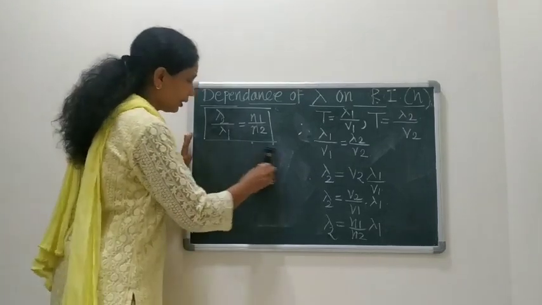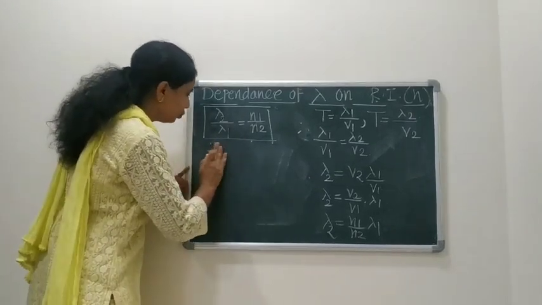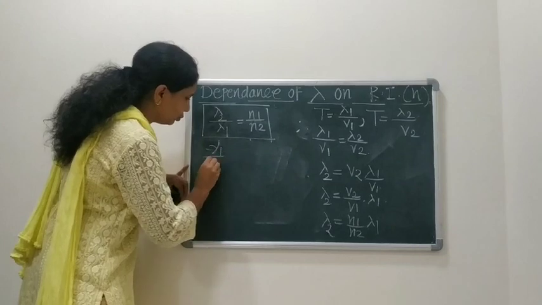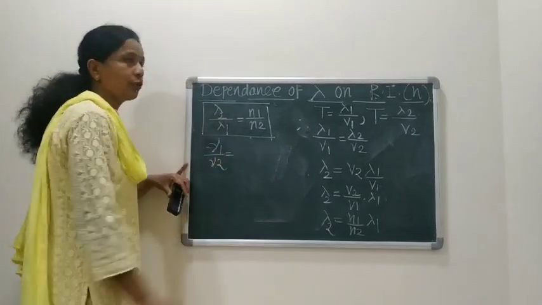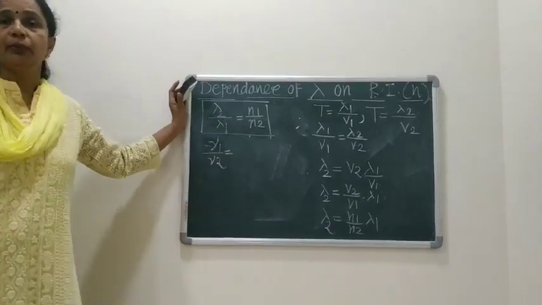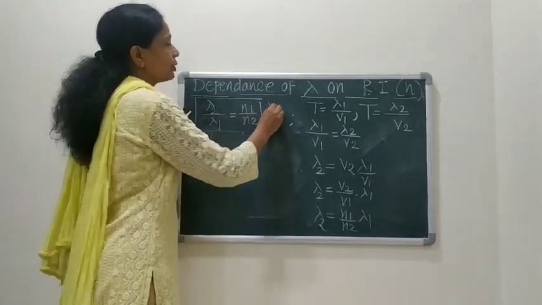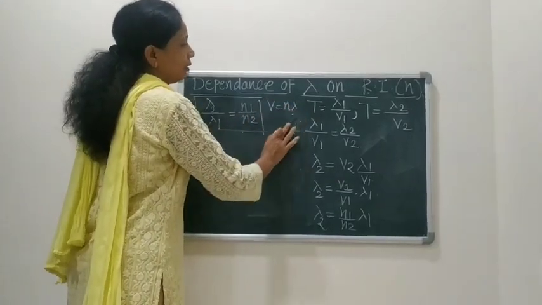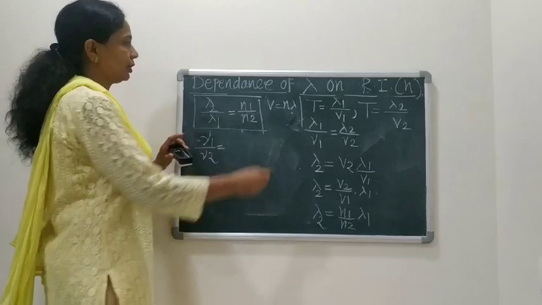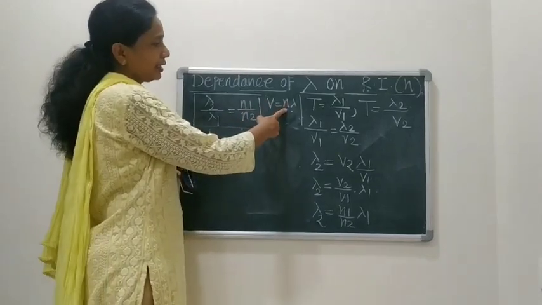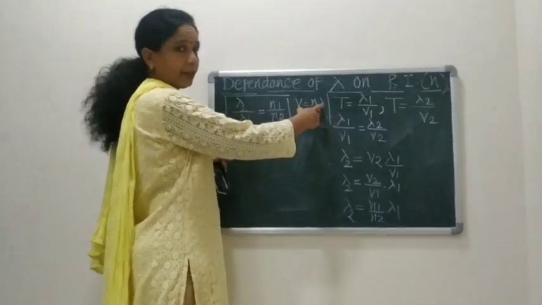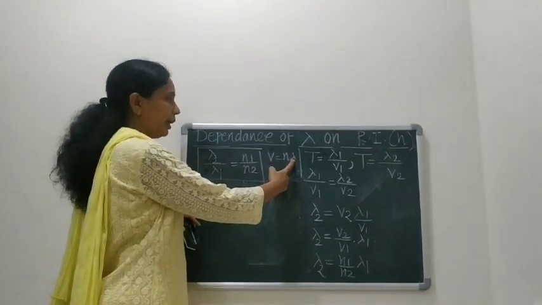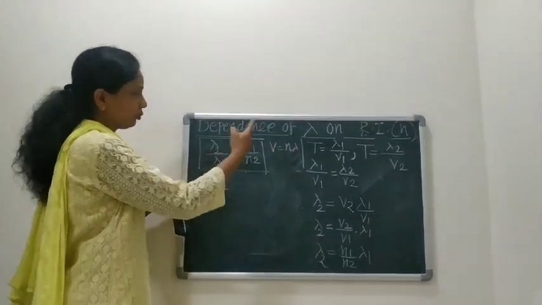What is the formula for nu? In the previous standard we learned v is equal to nu lambda, where v is velocity, nu is frequency and lambda is wavelength.